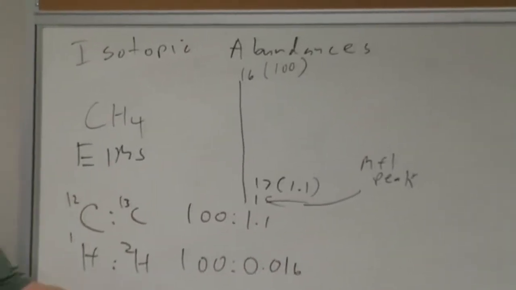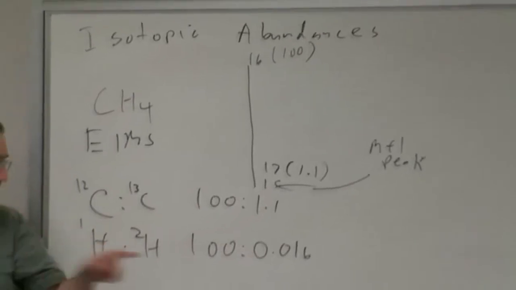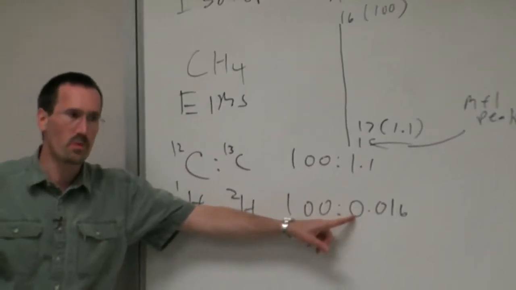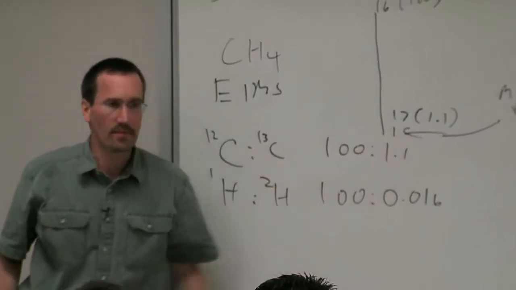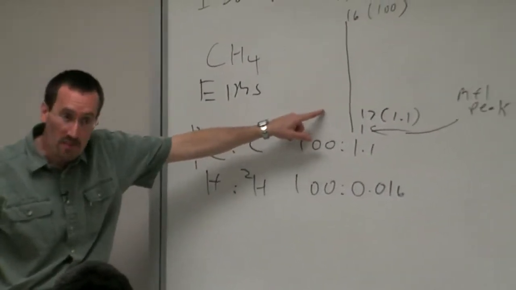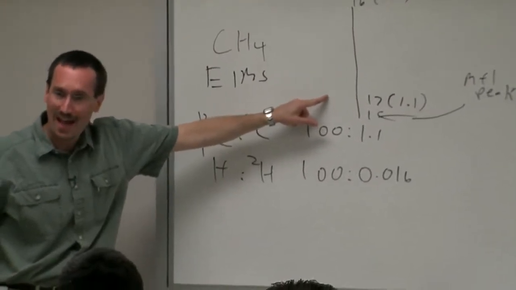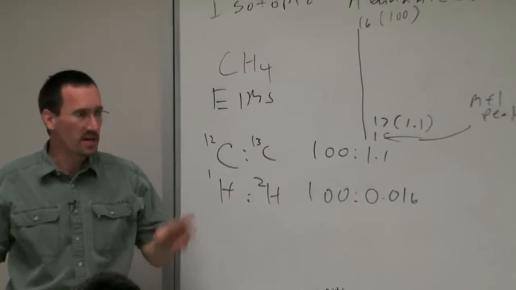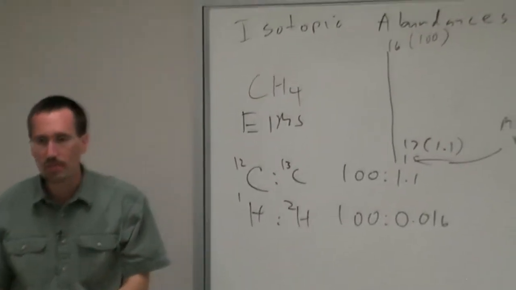So essentially, even if you had a molecule with 100 hydrogens in it, they would only contribute 1.6% to the M+1 peak. But if you had a molecule with 100 carbons in it, now your M+1 peak would be just about as big or maybe even a little bigger than your M peak.